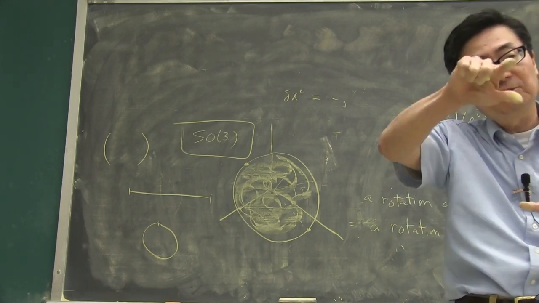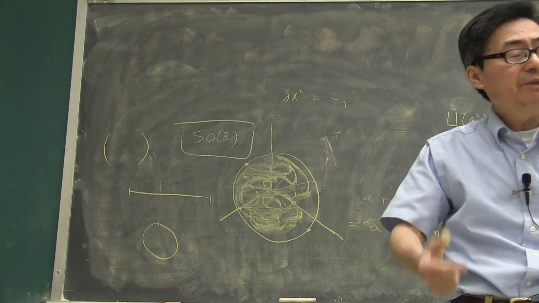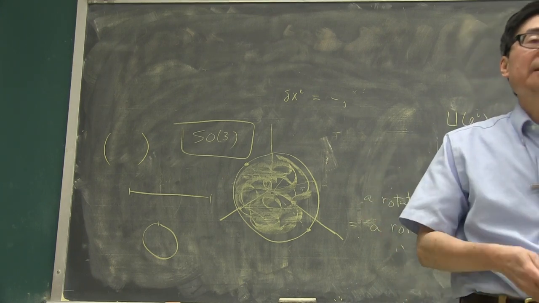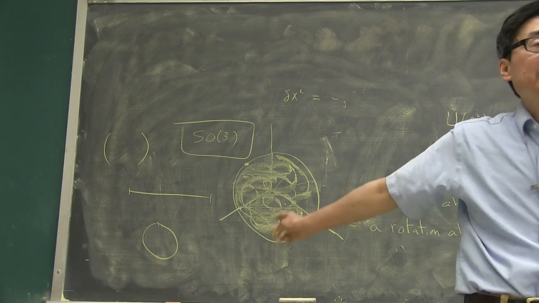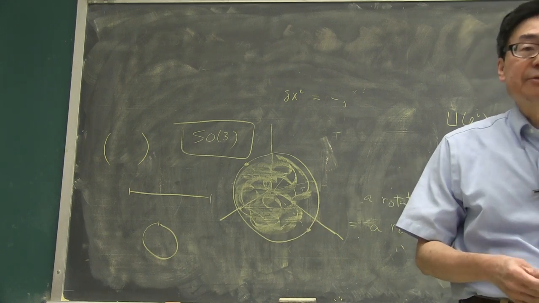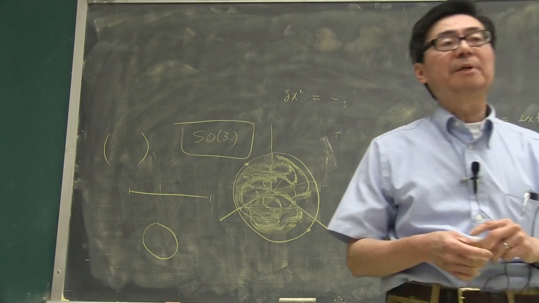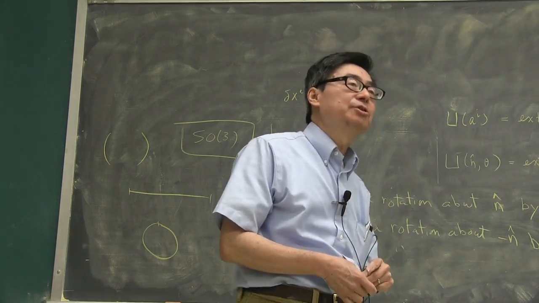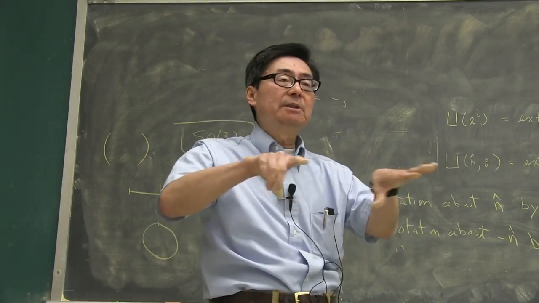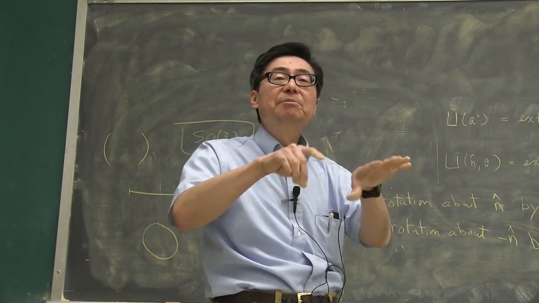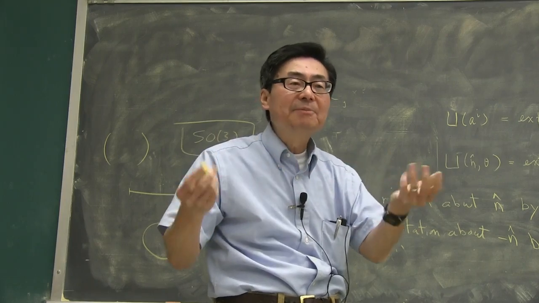Corresponding to each point is a different tangent space. It's a linear vector space. The dimension of that linear vector space is the same as the dimension of the manifold. So SO3 as a manifold is a three-dimensional manifold. So each tangent space at a different point of the manifold is a three-dimensional linear vector space.